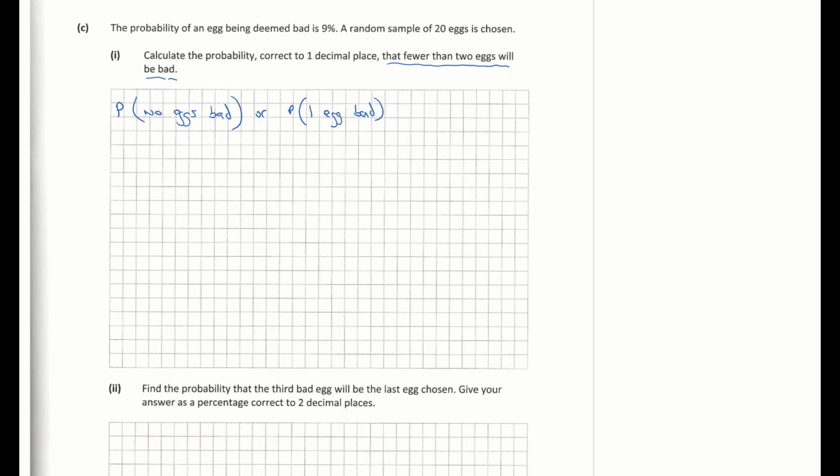So looking for no eggs being bad, I have a sample of 20, and from the 20, I'm going to pick none of them to be bad. And I'm then going to multiply that by the probability of an egg being good, which is 0.91, the opposite of 9%. So just remember that the question here is giving us 9%, and to turn that into a decimal, we just divide 9 by 100 and we get 0.09.